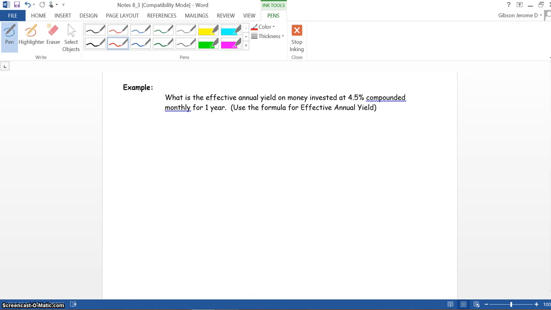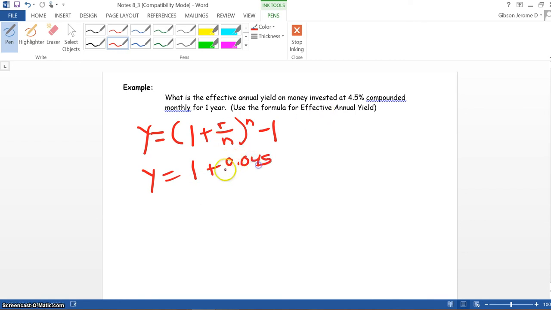So now, example. It says here, what is the effective annual yield on money invested at 4.5% compounded monthly for 1 year? So now we will use this effective annual yield formula. So we have Y equals 1 plus R over N to the N minus 1. So we have Y is equal to 1 plus, now the R, which is a rate, will be 0.045, and we know it's compounded monthly, so it'll be 12.